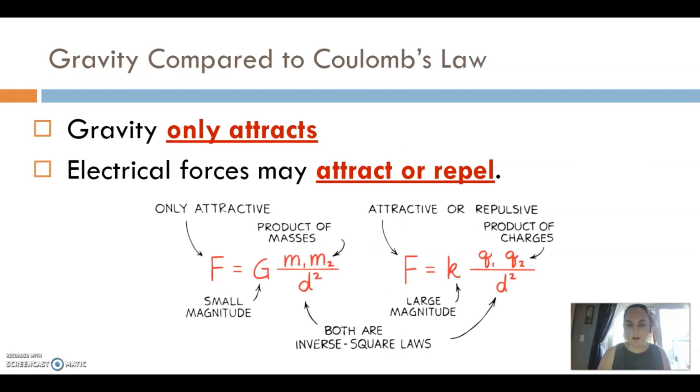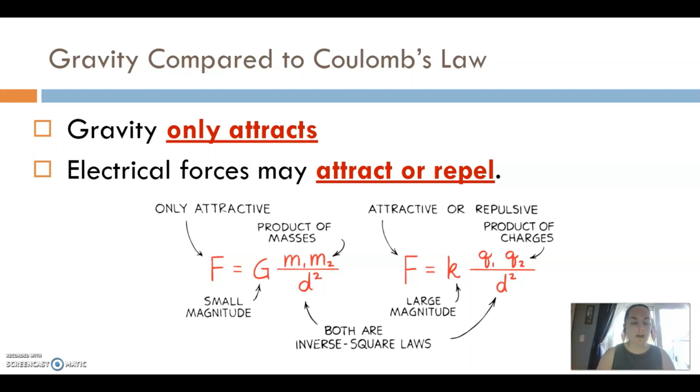Okay. And so just to overarch these ideas, gravity only attracts. The electrical force may attract or repel. The electrical force is a stronger force compared to your force of gravity. Remember that the force of gravity is a very weak force. Your electrical force is a strong force. And the reason we know is just the constants.